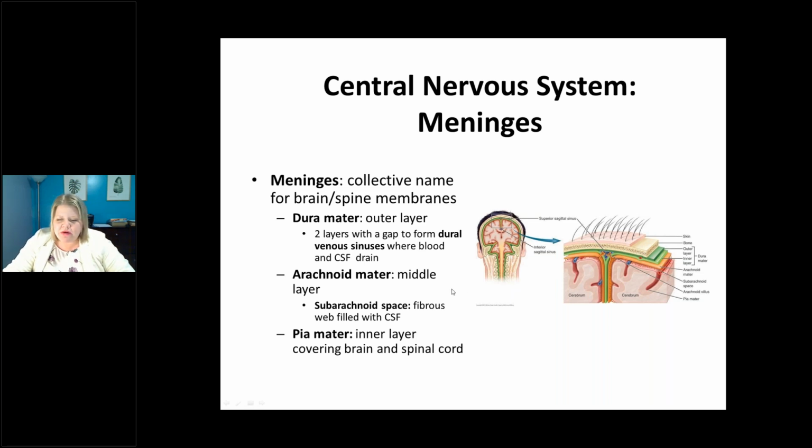The arachnoid mater is the middle layer, and it has the subarachnoid space, which is most interesting because cerebrospinal fluid directly circulates in this region of the meninges. It's called subarachnoid space because it literally looks like spider webs underneath the arachnoid mater. Little projections there. And then finally, the most inner layer is called the pia mater, and it covers the spinal cord and the brain directly.